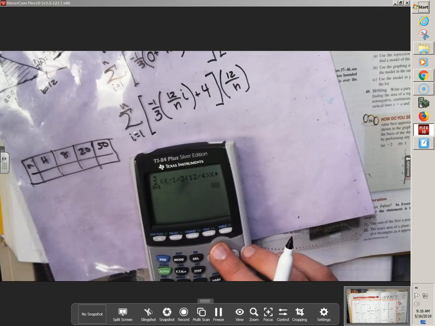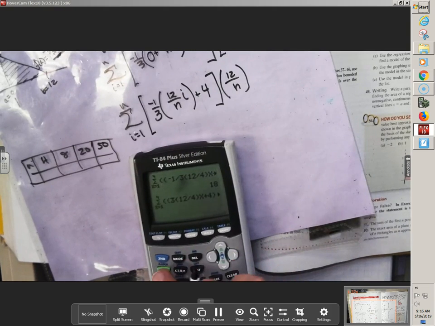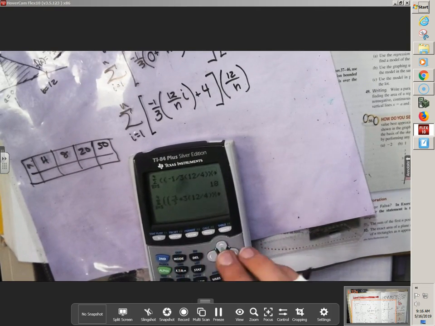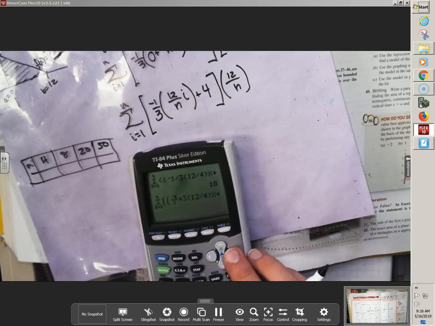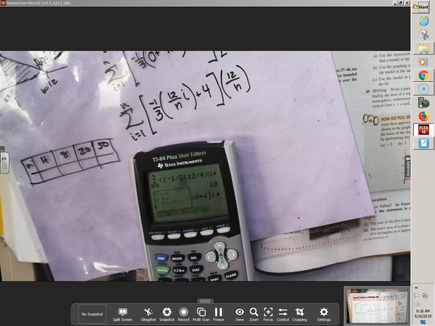Now, that wasn't very pretty, so if you wanted to, you could always make it a little bit prettier. For instance, you could have right here done alpha y equals and done a little negative 1 over 3. That would have made it a little bit prettier. You could have had this guy, once again, be alpha y equals.